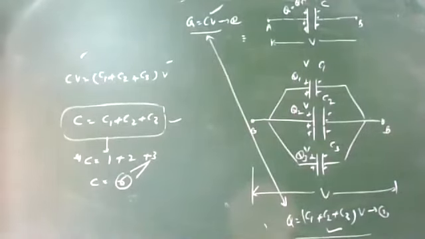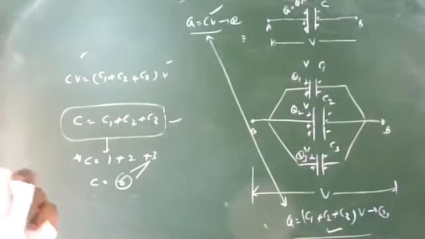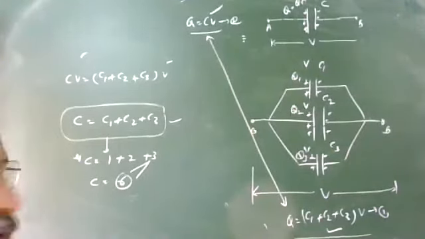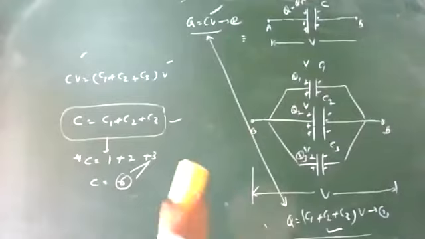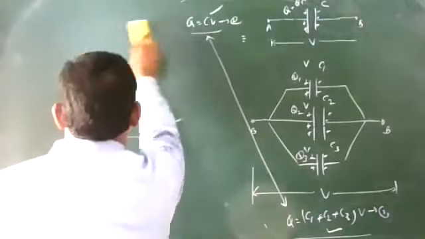Suppose n capacitors are connected in parallel, you add sigma Ci. If they are connected in series, then 1 by C equals sigma 1 by Ci. In a series connection the charge remains the same, and in a parallel connection the potential difference remains the same. This is the way to calculate equivalent capacitance in a parallel combination.